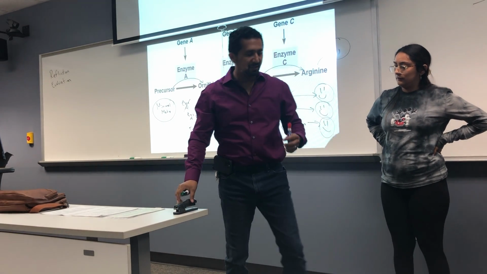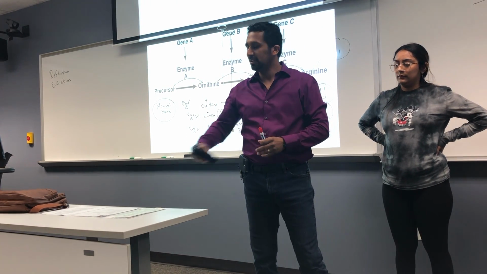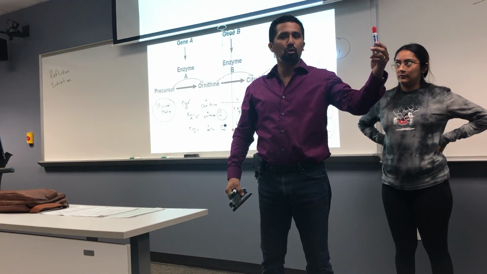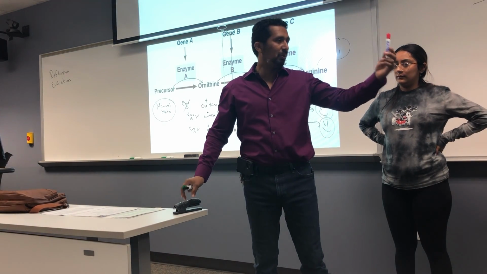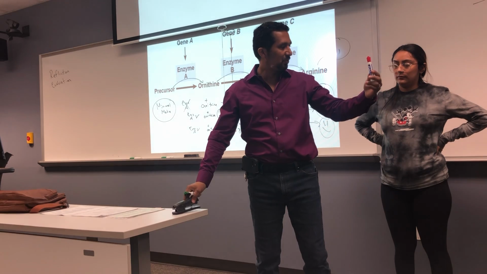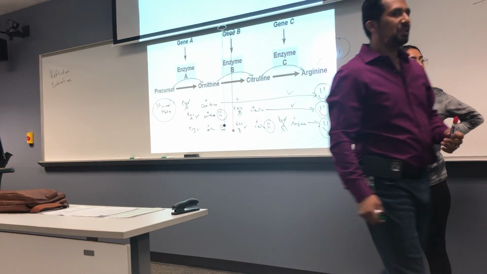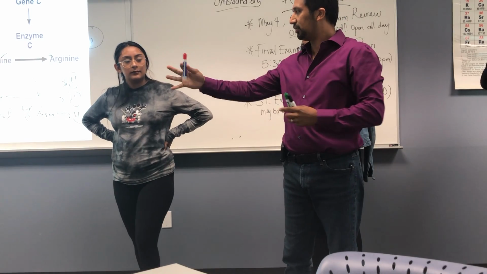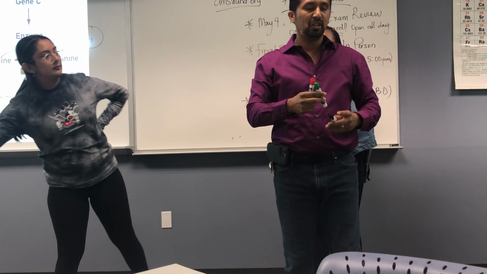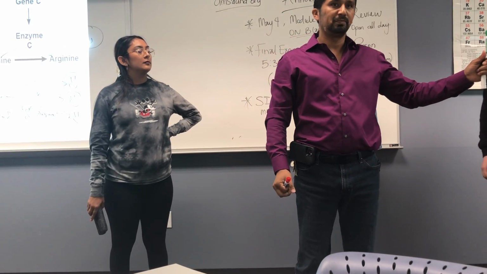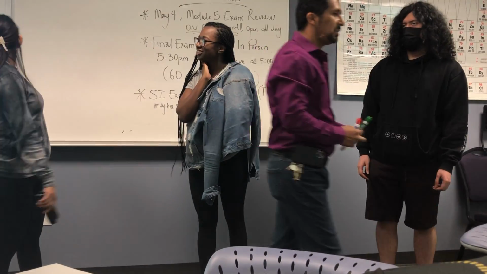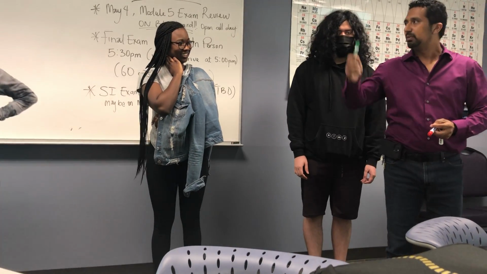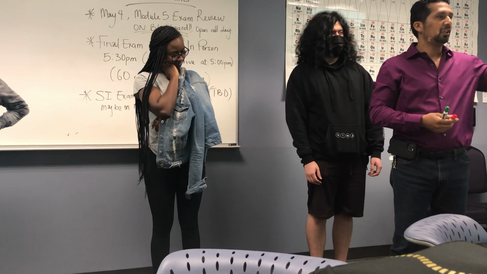You say, okay, I'm enzyme A, I grab the precursor, I make ornithine. Then enzyme B says, I take ornithine, and I make citrulline. Then enzyme C says, I take citrulline, and I will make arginine.